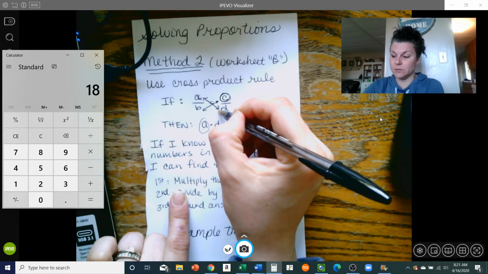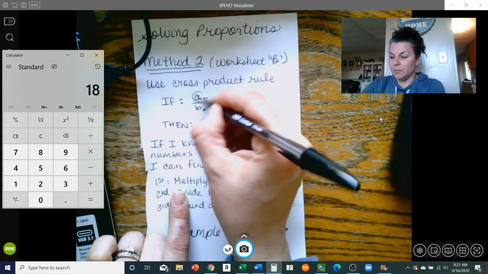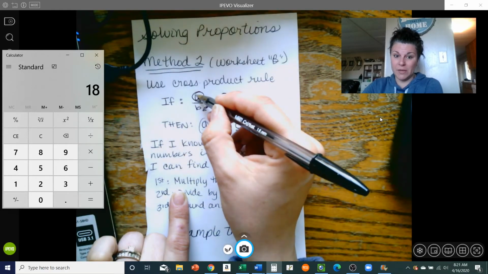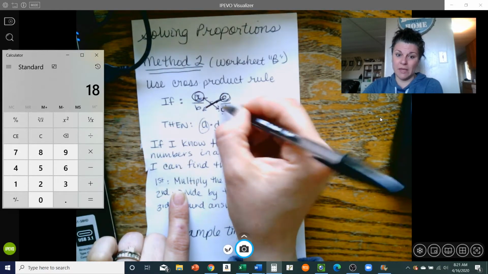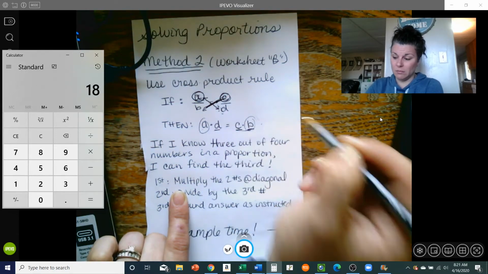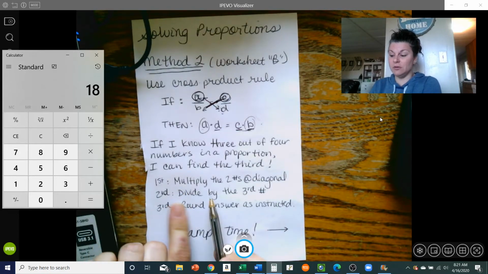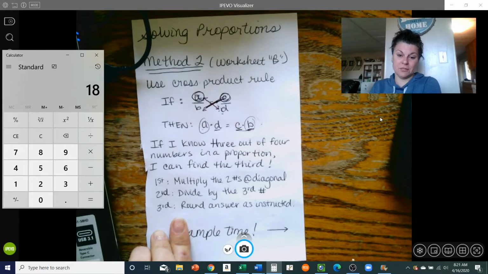So I multiply those. If I don't know A, then I'm going to multiply these 2, because I don't know what A is, so I can't multiply it yet. Okay, so you multiply the 2 numbers that are at a diagonal to each other, and then you divide by the third number. And that's it. And then you'll round your answer.